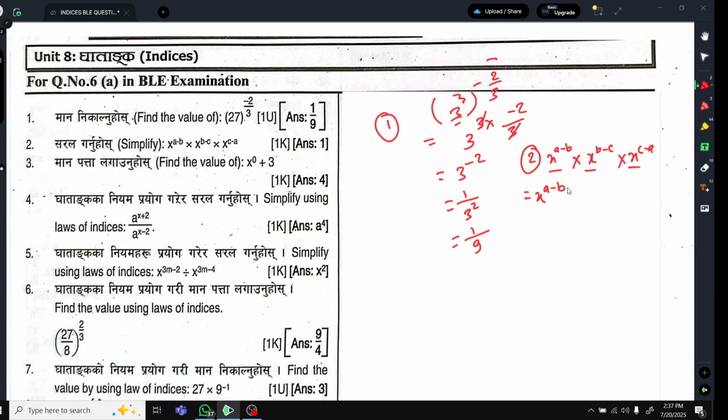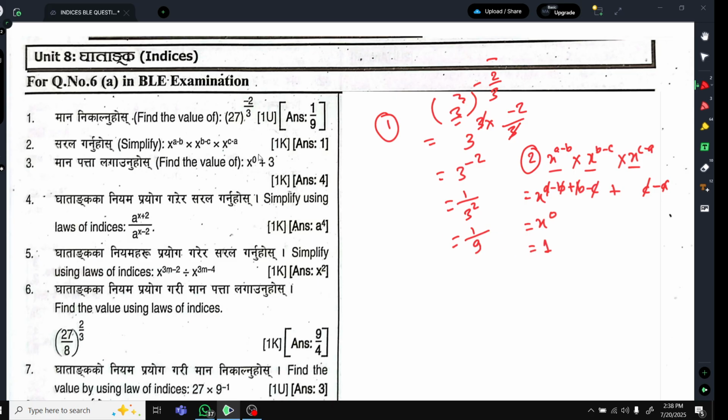So a minus b plus b minus c plus c minus a. Now a positive, a negative cancelled, b negative, b positive cancelled, c negative, c positive cancelled. What do we get over here as a power? We get nothing, that means 0. x to the power 0 is equal to 1.